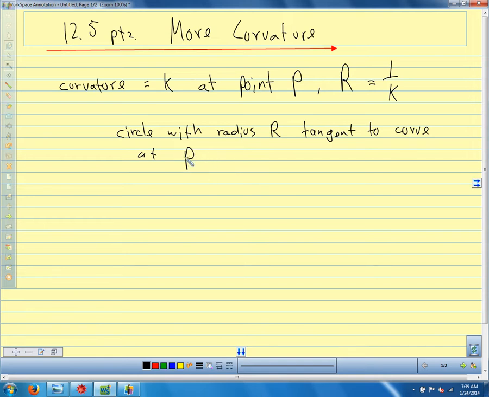We're going to say tangent to the curve on the concave side. It makes sense that we're talking about the concave side because we're talking about the curvature, the radius inside the circle, not the radius outside the circle. So on the concave side, we call that the osculating circle.